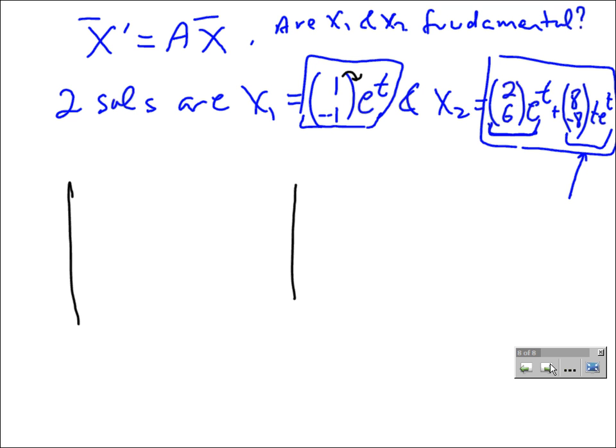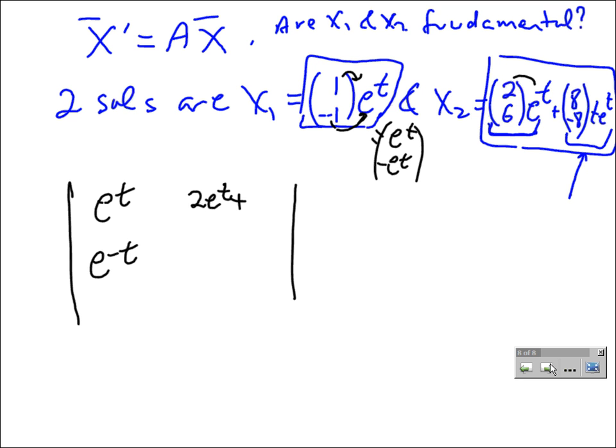This is 1e to the t, negative 1e to the t. This is the same as e to the t, negative e to the t. And the next matrix is 2e to the t plus 8t e to the t, 6e to the t minus 8t e to the t.